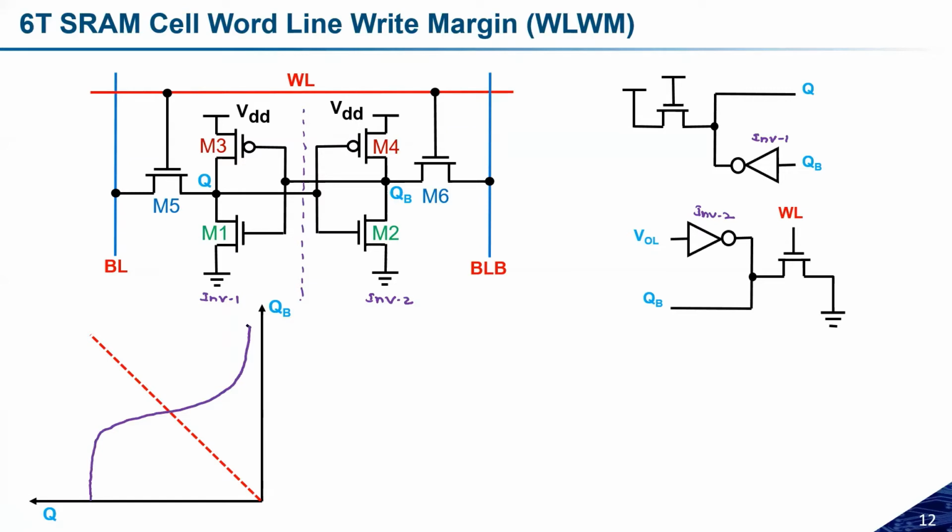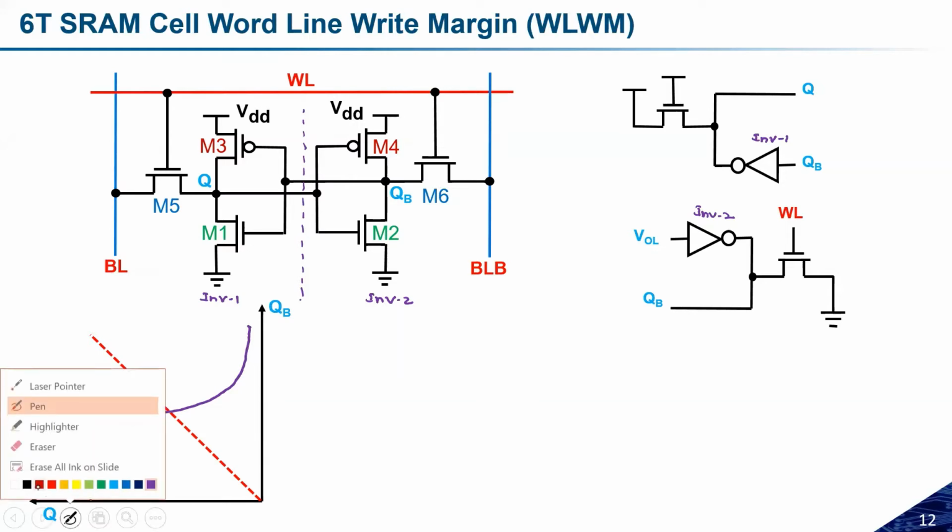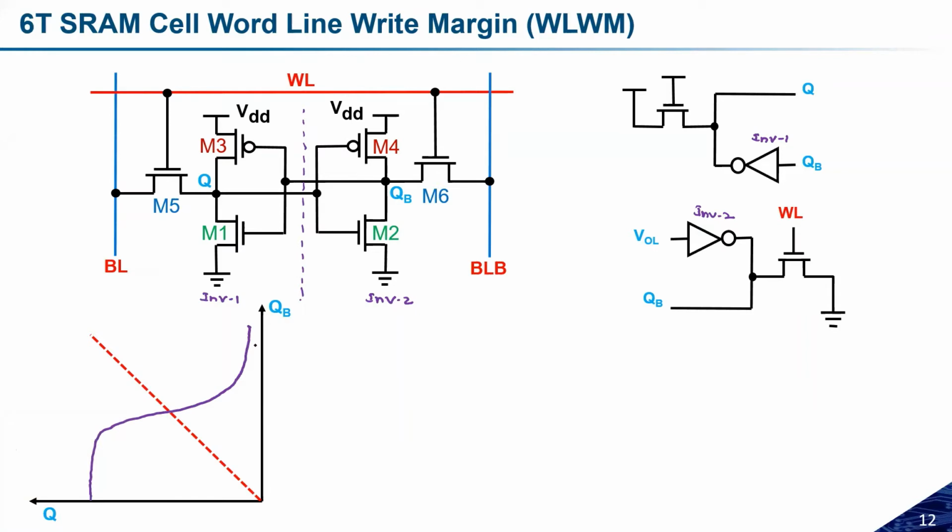We know that for the write margin we cannot get a complete 0, as I already told you in the previous class. There is a slight potential difference over here, and this potential difference is the VOL, the output low voltage.